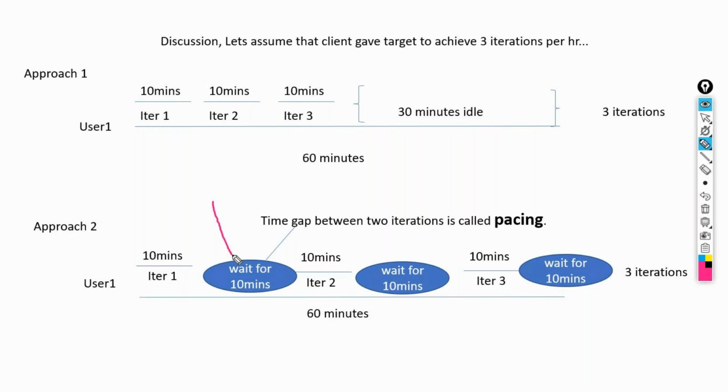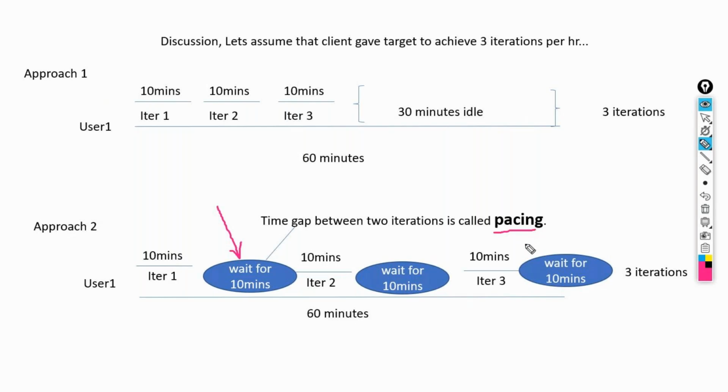That depends on the requirement. In this case it is 10 minutes, because overall we have 60 minutes per hour, we just need to run 3 iterations per hour, and each iteration takes 10 minutes. So a 10 minute iteration, then wait for 10 minutes, then iteration 2, like that. Whatever the time we are waiting here, the time gap or the wait time between two iterations, is called pacing.